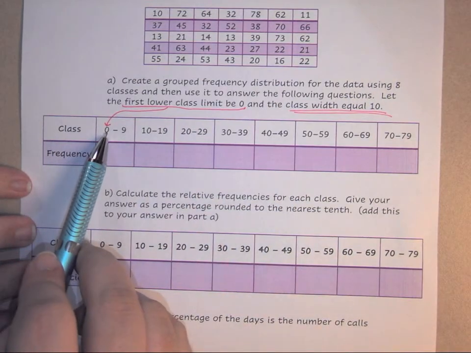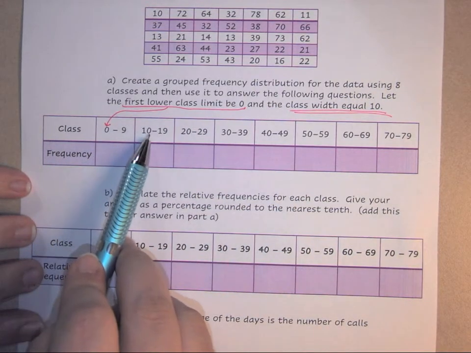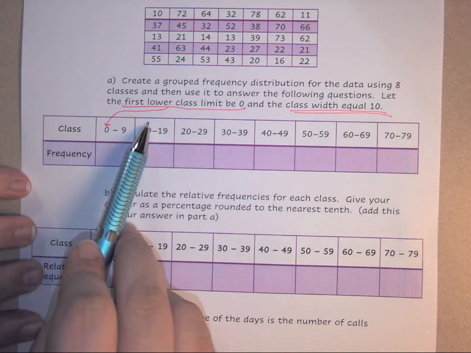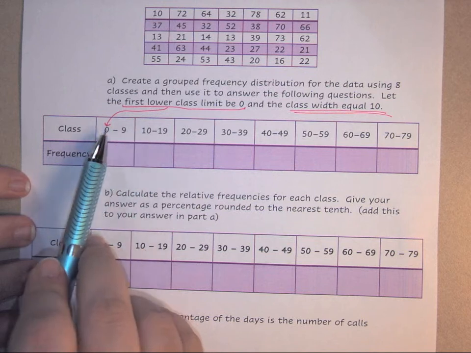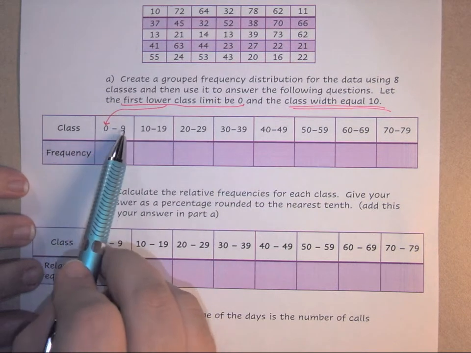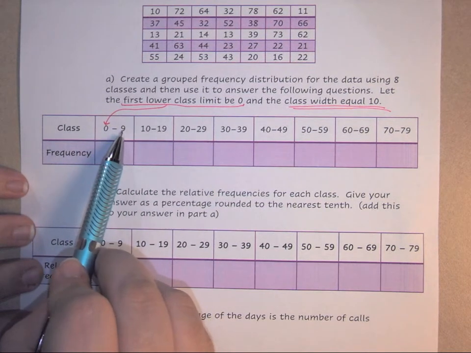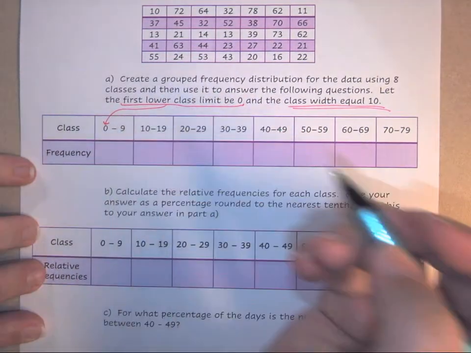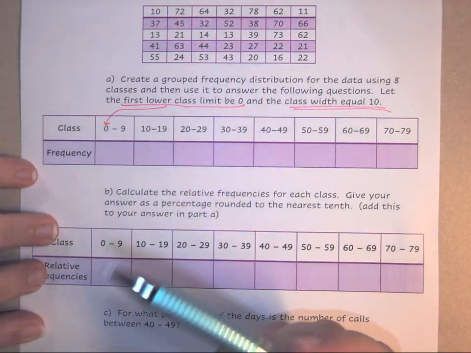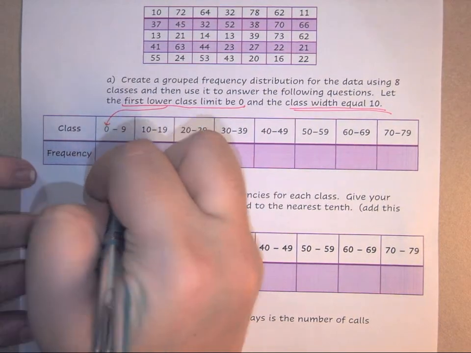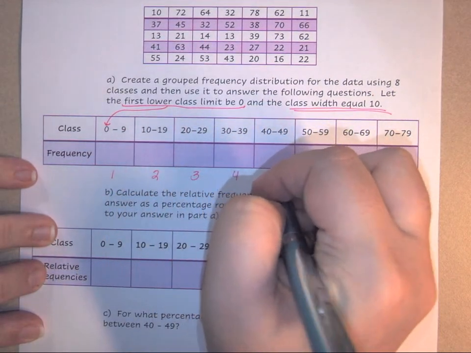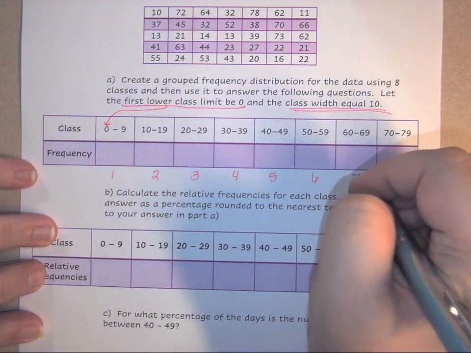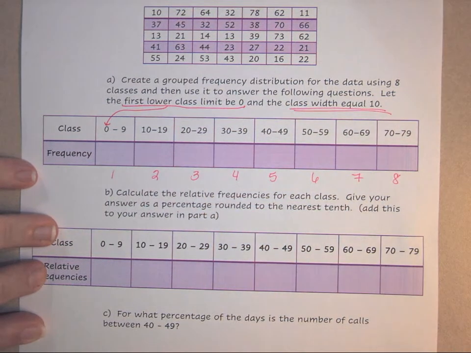So if I look at my lower class is 0, and then I go to my second class, its lower class then should be 10, giving me a class width of 10. That makes the upper class limit of my first class a 9. Okay, so we also were told that we needed to have 8 classes. So here is 1, 2, 3, 4, 5, 6, 7, and 8.